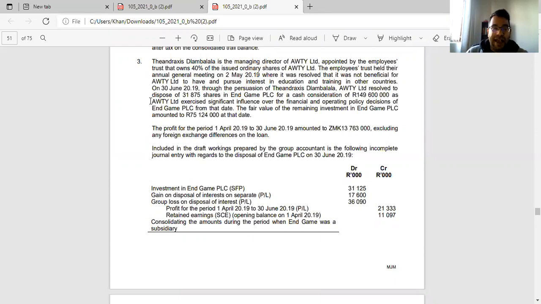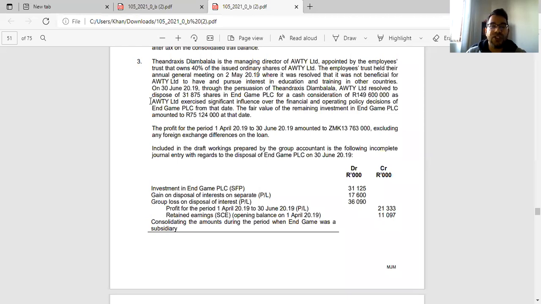Then we need to recognize a gain or loss on the disposal from a group perspective. So we will see, but it looks like we made a loss over here. Then the other thing we need to deal with is that in the separate financial statements, the parent, AWT, may have recognized a gain or loss, and we're going to have to remove that, because we don't want a gain or loss from the parent's perspective.